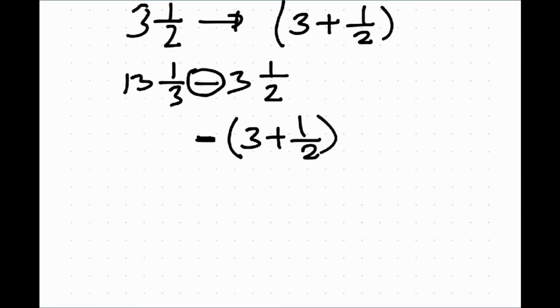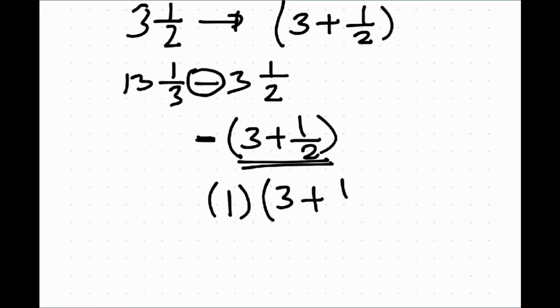And then, if nagulat kayo kung bakit bigla tayo nagkaroon ng negative 1 sa labas noong kinonvert natin to plus yung minus, kasi, kunwari dito, kapag meron kang quantity 3 plus 1/2, pwede mong isipin na meron kang positive 1 sa labas na nakamultiply sa kanya. So, kapag dinistribute mo yung positive 1, same lang naman yung lalabas.